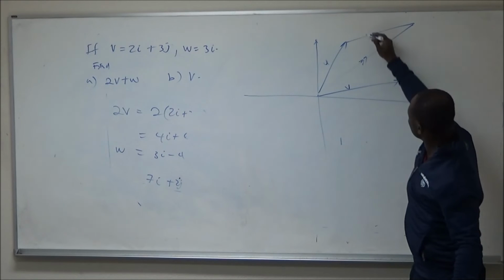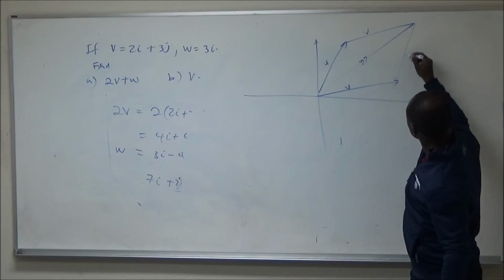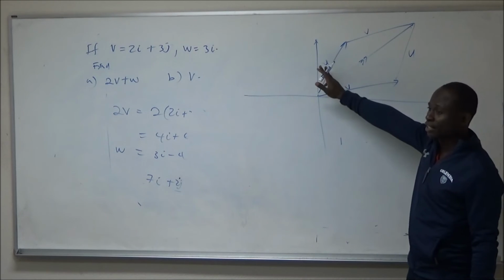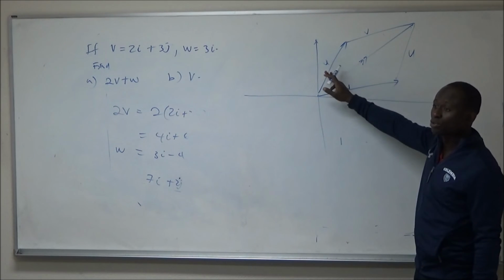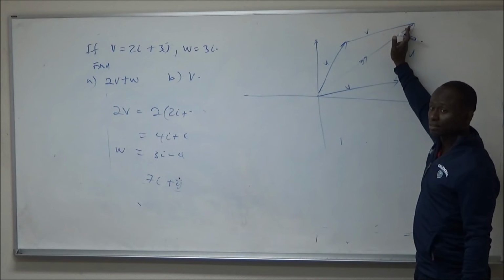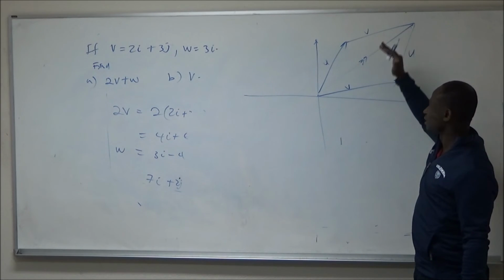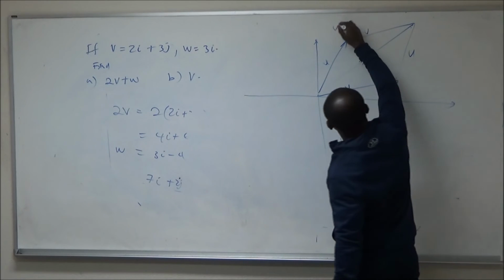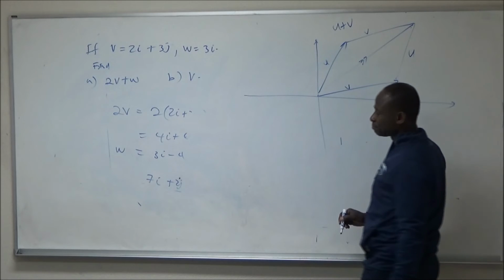You can take this is v again, and this is u again. So usually they'll give you vectors like this, u and v, and they ask you to add them. The idea is this is the resultant of the vector going that way. That's just one thing to keep in mind. This was u plus v.